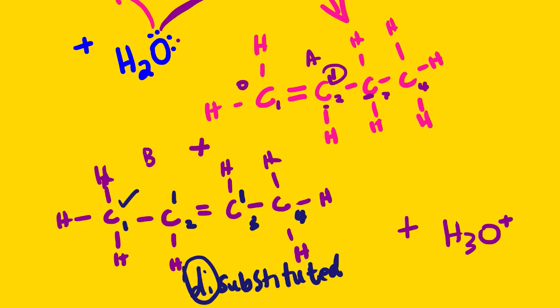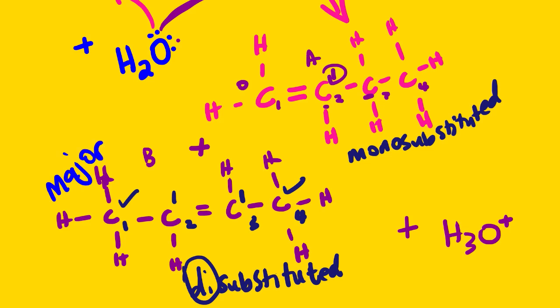Di simply means that we have 2 carbons. This one is mono substituted. The more carbons which are bonded to the double bond carbons, the more stable it is. So this one is the major.